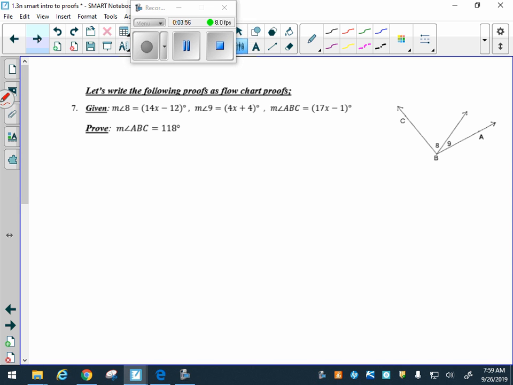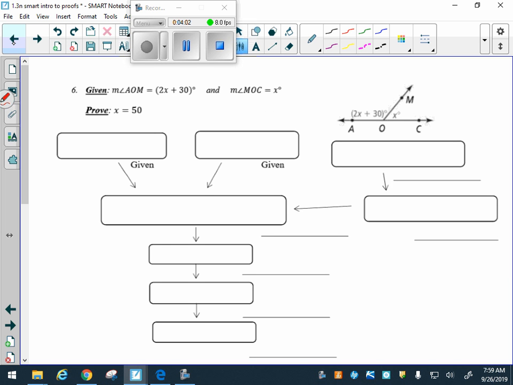Number 7 we started but didn't finish, correct? Number 6? Right, I think you were supposed to finish it. I got you all the way up to the point where we were combining like terms, and then you just needed to finish it from there. So that was just going to be algebraic from there.